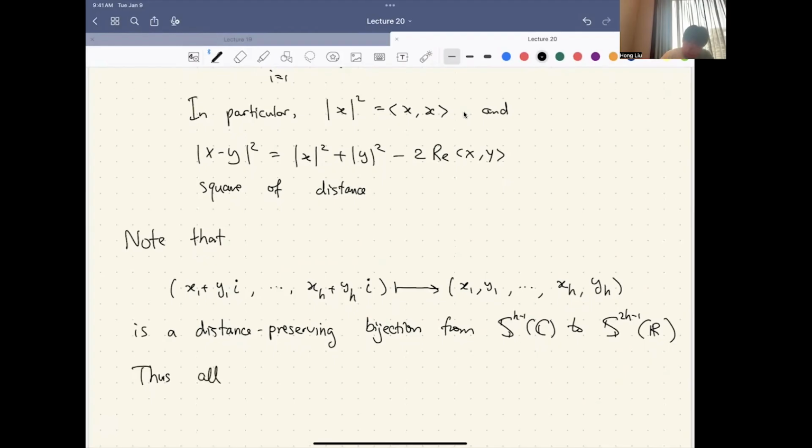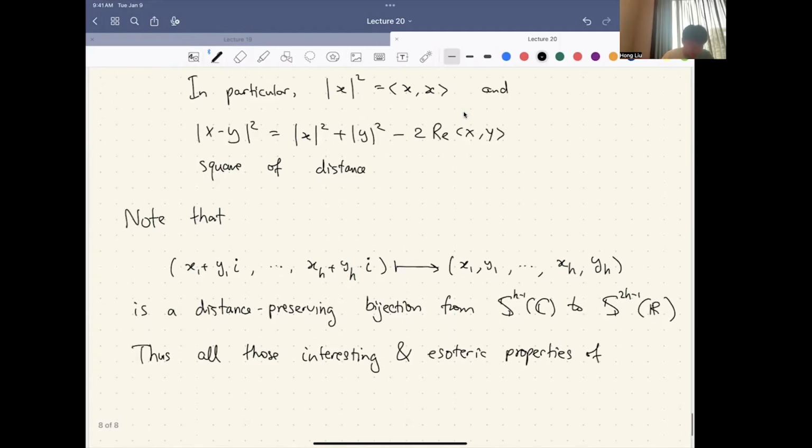Thus, all those interesting and esoteric, strange properties of the unit sphere, a high-dimensional Euclidean sphere, we can use for the complex version.